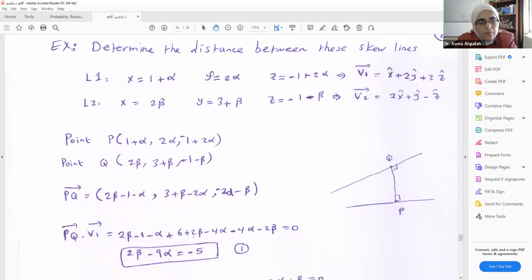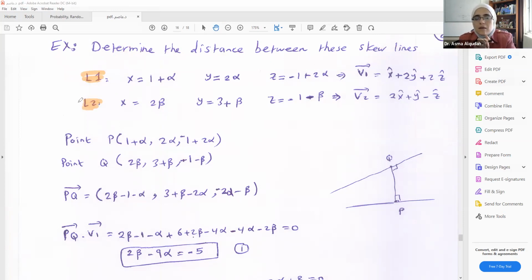Okay, let's do this example before we stop. This example is asking us to determine the distance between two skew lines. So it's giving us two lines, L1 and L2, and it's telling us that these two lines are skew. So we don't need to prove that the two lines are skew.